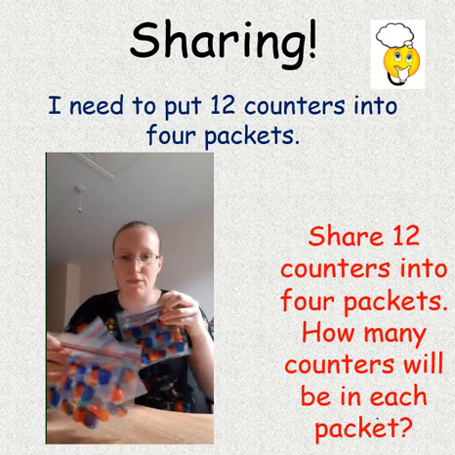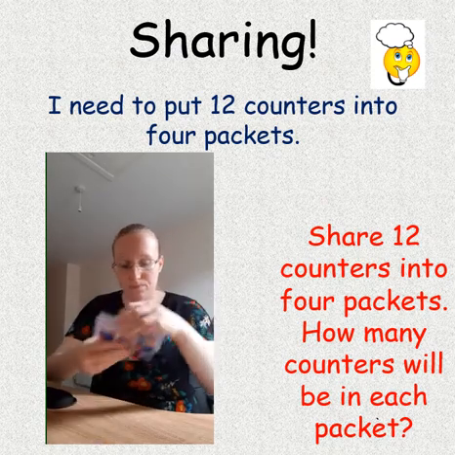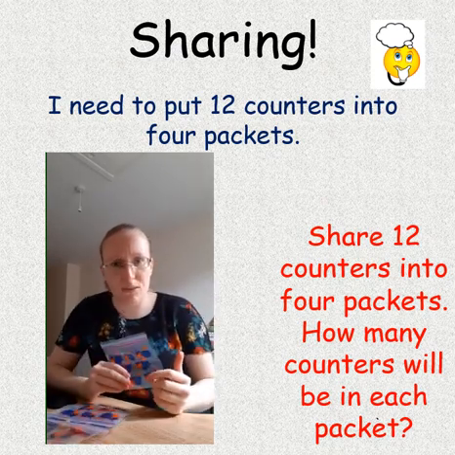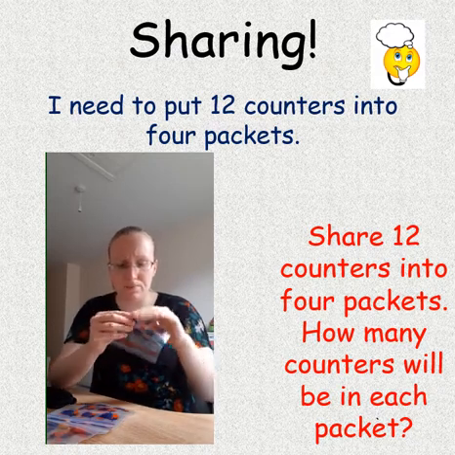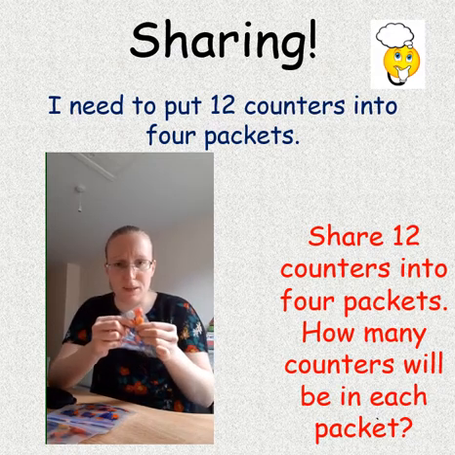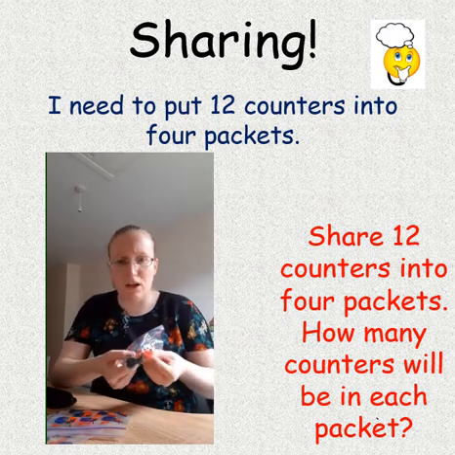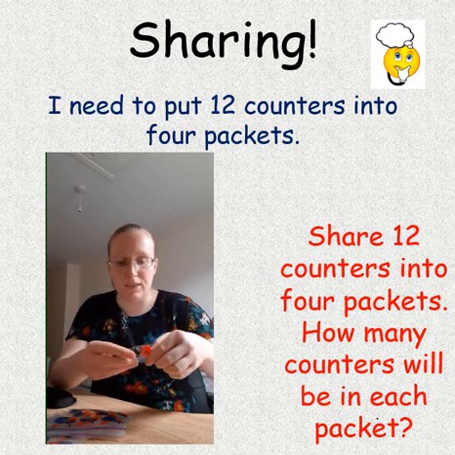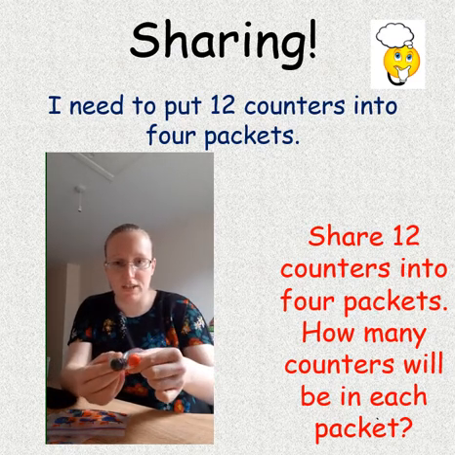Okay, so I've got my 4 packets, 1, 2, 3, 4. And I needed to find out how many were in each packet, how many were in each group. So I have got 3 in this packet. I've got, let me see, that's it. And there's a dark brown one there. 3 in that packet.